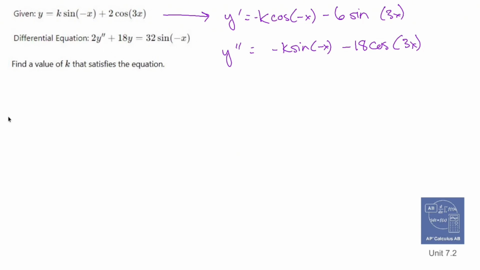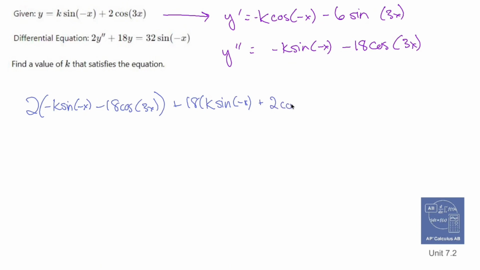All right, so 2 times that negative k sine negative x minus 18 cos 3x, close that, plus 18y, which is going to be k sine negative x plus 2 cos 3x, has to equal 32 sine negative x.